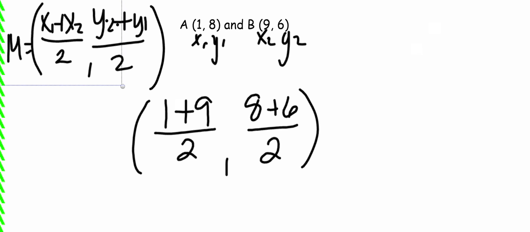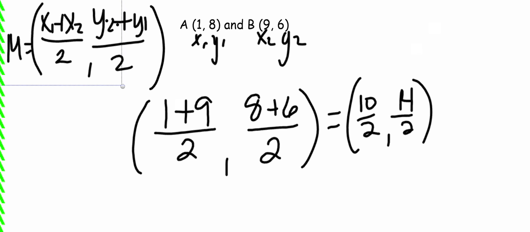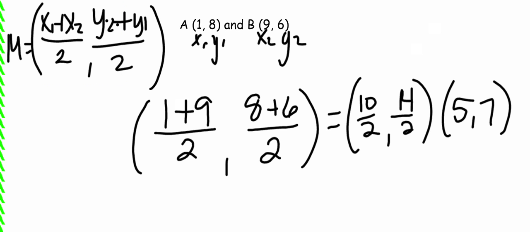So then I'm going to have 10 divided by 2 and 14 divided by 2, which gives me 5, 7 as my midpoint. So my midpoint equals (5, 7).